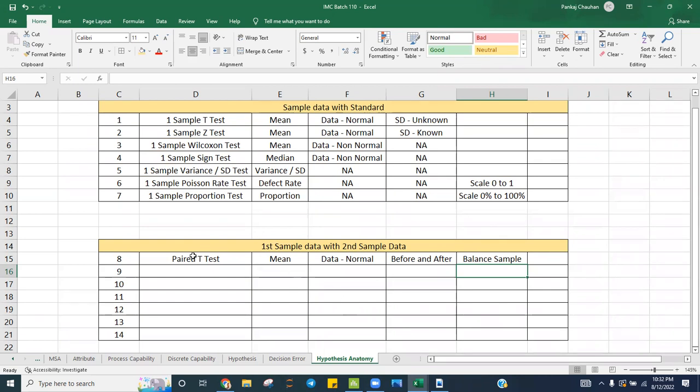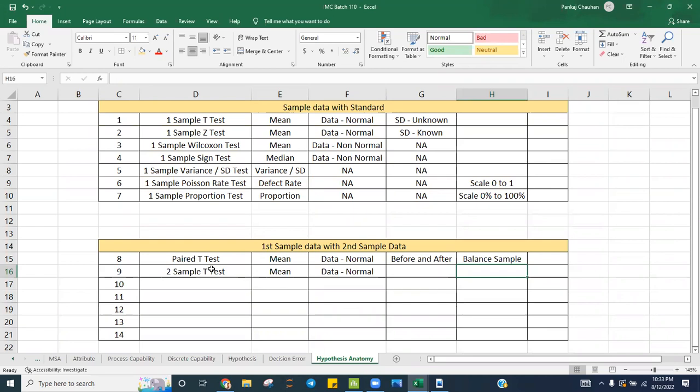In case your before and after samples are not the same, there is an alternative called the two sample t-test. In the two sample t-test we also compare the mean. Data is normal, and it works on unequal or unbalanced samples as well.